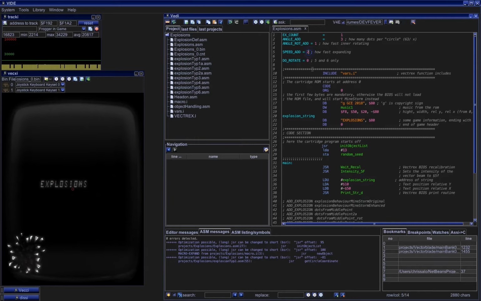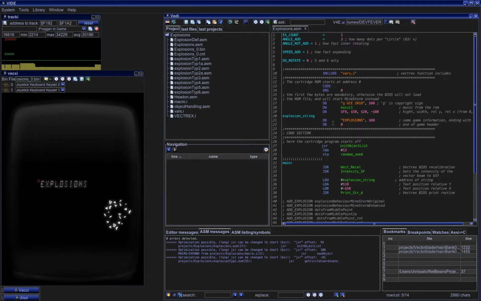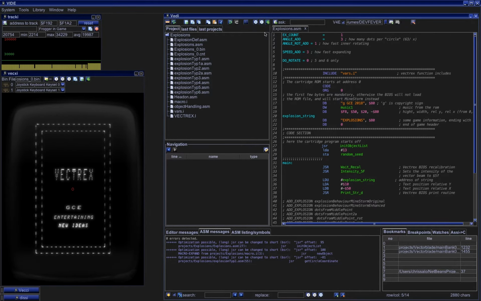Then you can also configure how fast the explosion will be. One is quite a slow explosion. Well, it's more a drift, I think, than an explosion. 3 is quite fast.